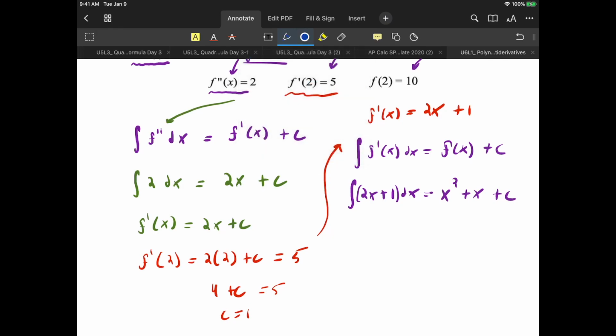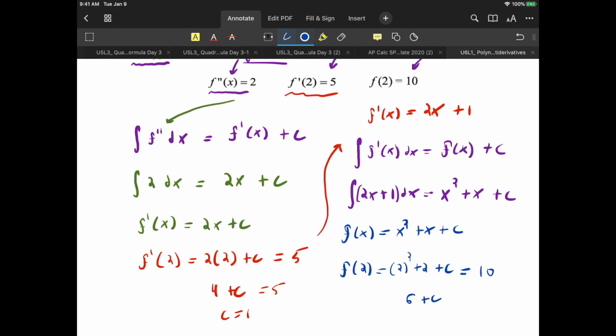But I know, once again, that f of x is x squared plus x plus c, but I also know that f of 2, where we plug in 2 squared plus 2 plus c, is equal to 10. I can figure this out. So this is 4 plus 2.